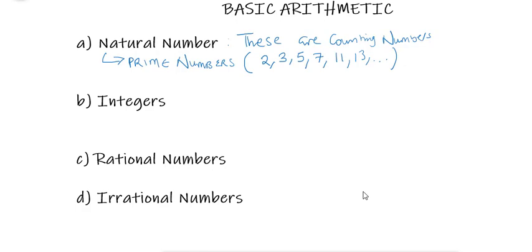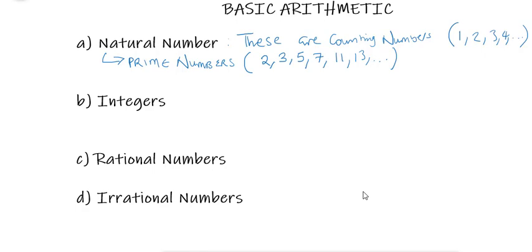In simple terms, these are numbers which have no factors other than 1 and themselves. So you need to take note. Natural numbers are counting numbers which start from 1, 2, 3, 4, and so on. But prime numbers start from 2, 3, 5, 7, 11, 13, and so on.